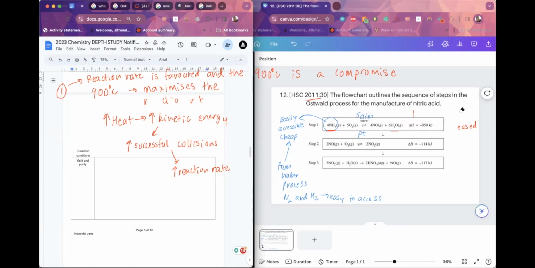So I get rid of this stuff here. I have to ask myself how many gaseous moles there are on the left. So 4 plus 5, that's 9. 9 moles of gases. 4 plus 6, that's 10 moles of gases.